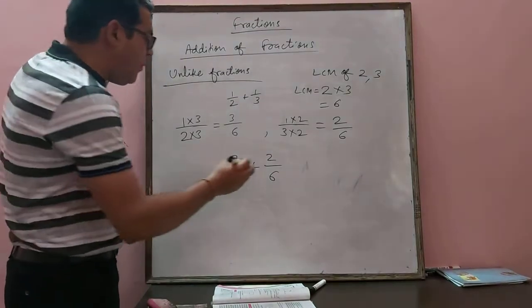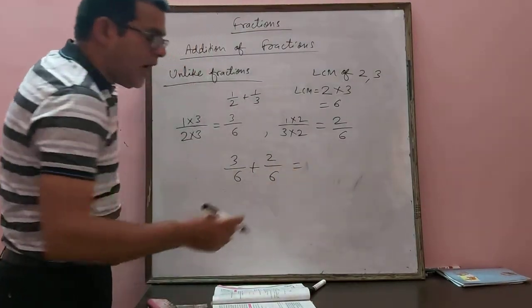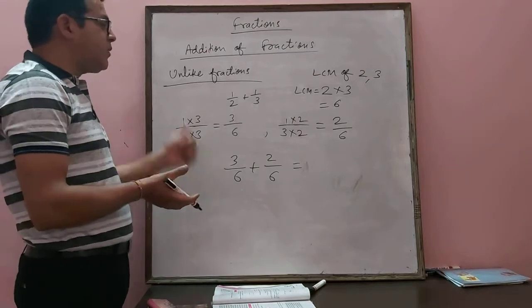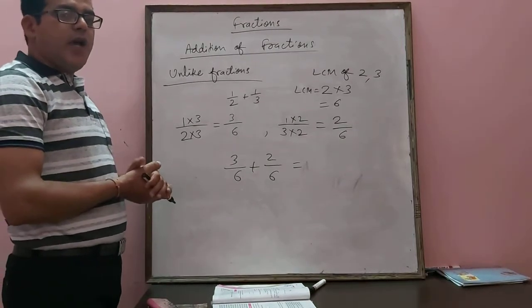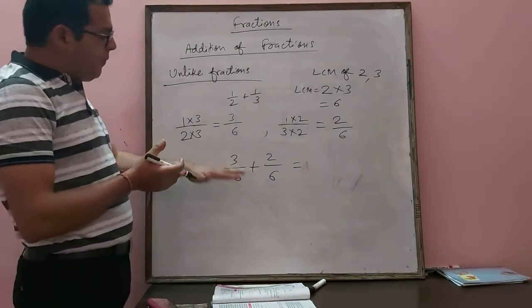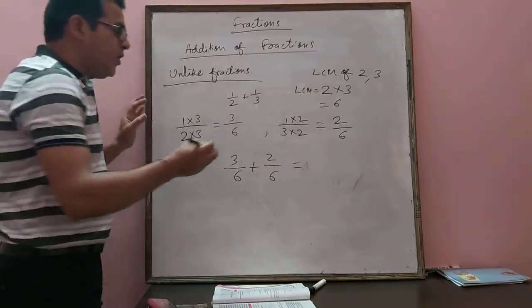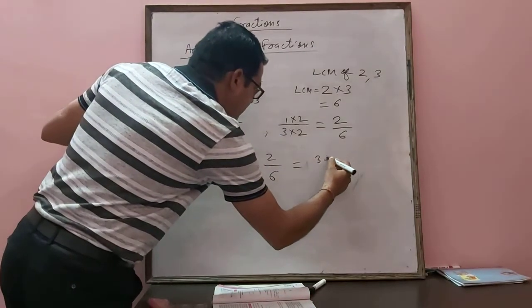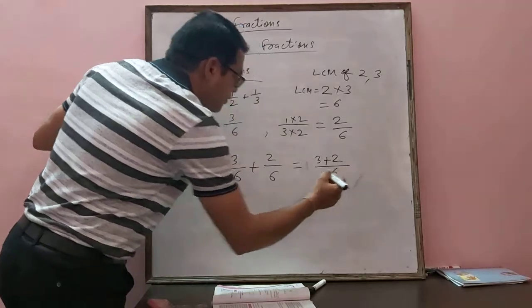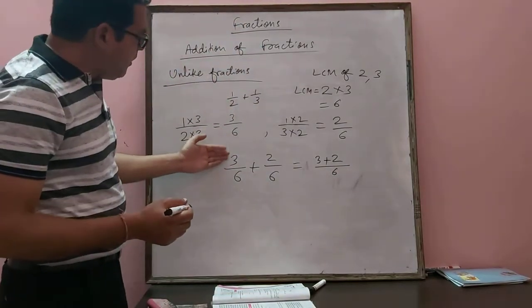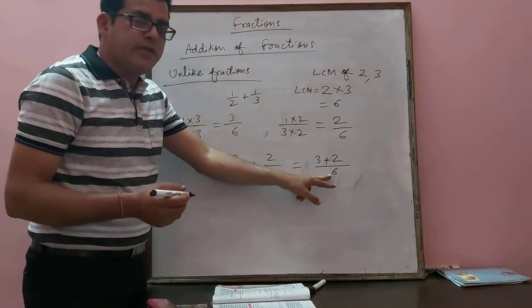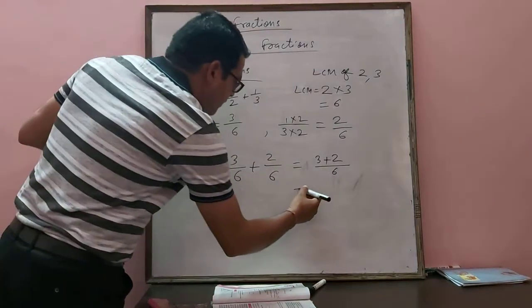Right? Now you know how to add like fractions. Just before we have already discussed it. If denominators are the same, we can directly add the numerators. So we can write 3 plus 2 whole over 6.